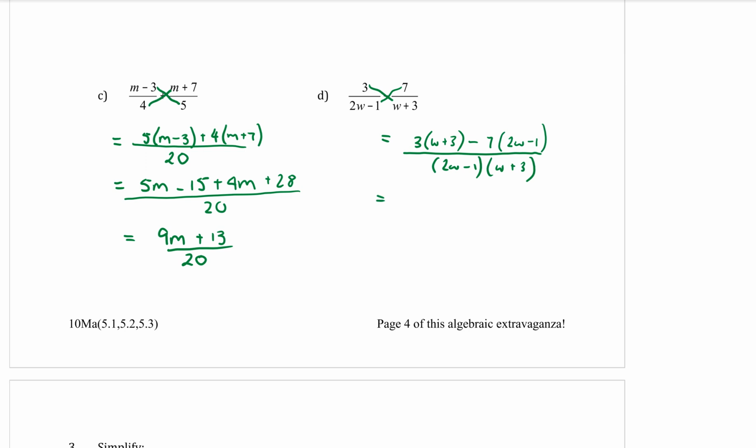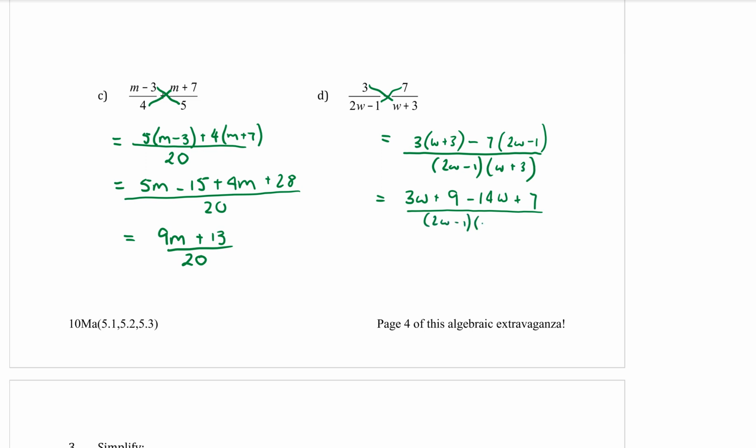The first bracket, I will get 3 times w, 3w, plus 3 times 3 is 9. Minus 7 times 2w will make negative 14w. And minus 7 times minus 1 will make a positive 7. The bottom you don't need to expand out.